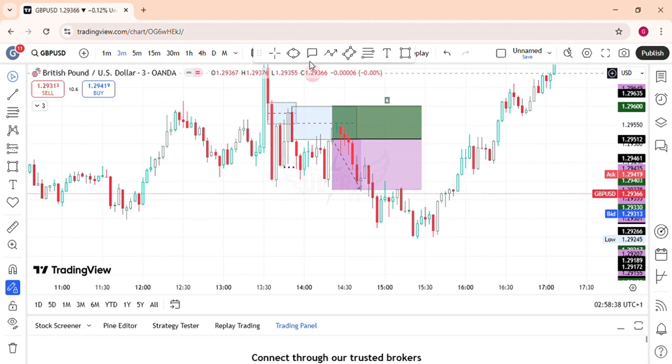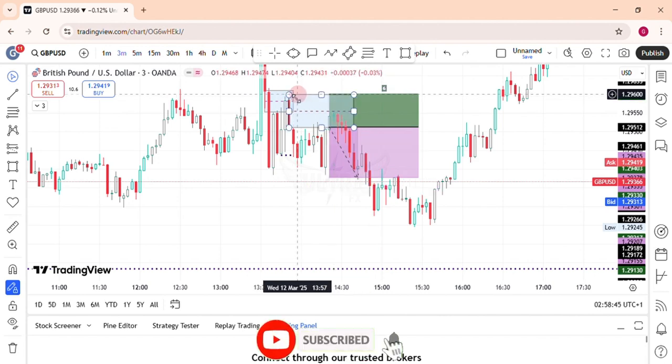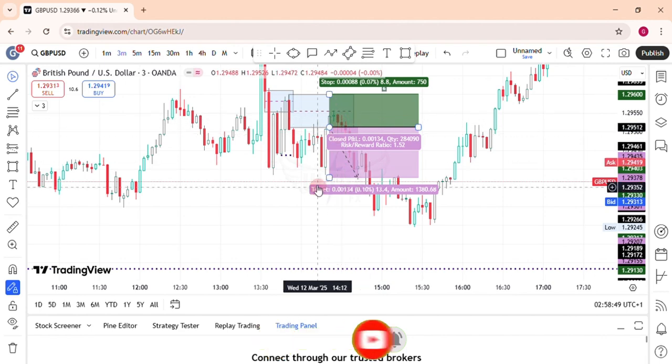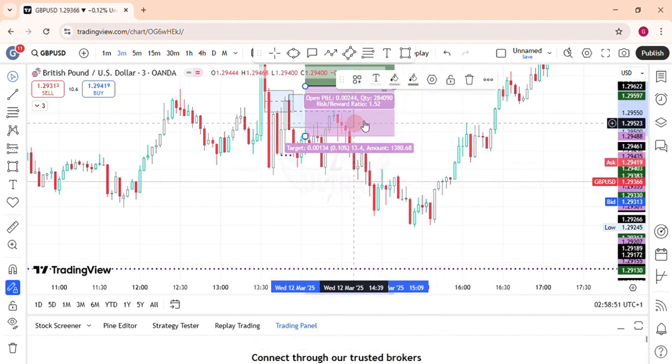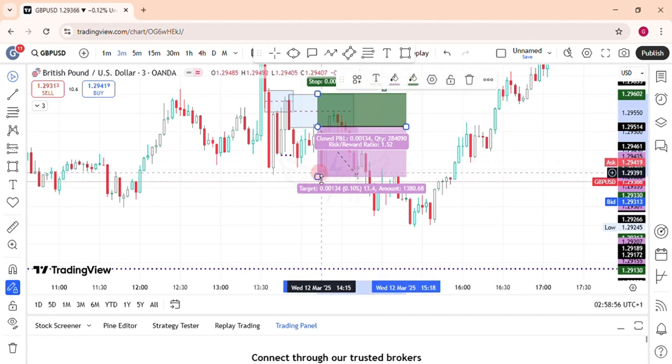So now you put your entry here, and you set your stop loss right above this previous high that created that fair value gap, and your entry and your stop loss should be here.